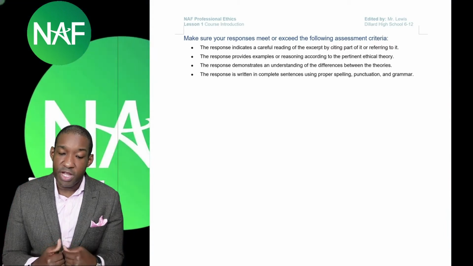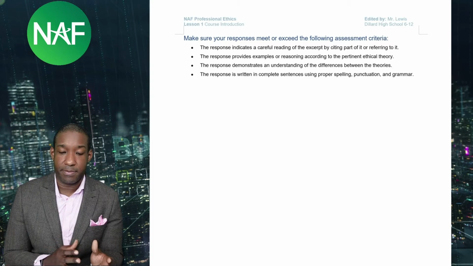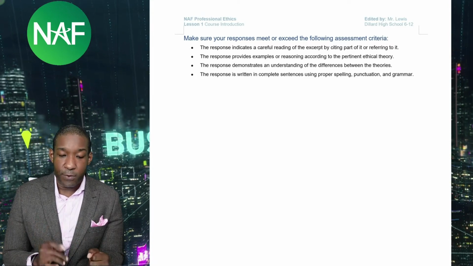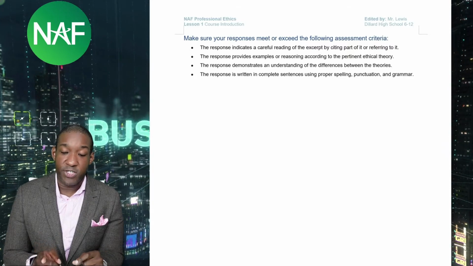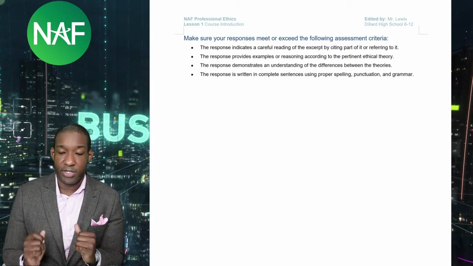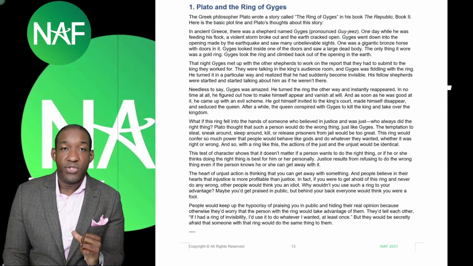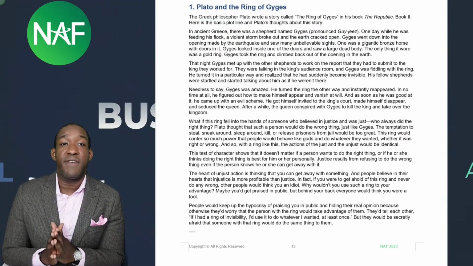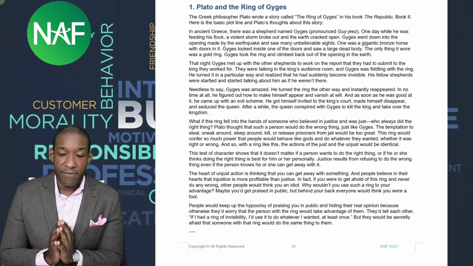Third, your response should demonstrate an understanding of the differences between the theories. And fourth, the response is written in complete sentences using proper spelling, punctuation, and grammar. So right now we are going to move on to the first reading assignment, Plato and the Ring of Gyges.